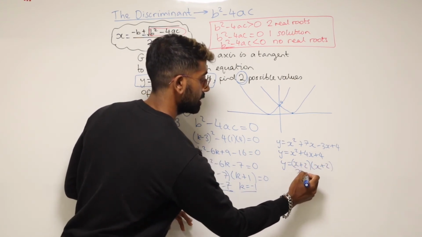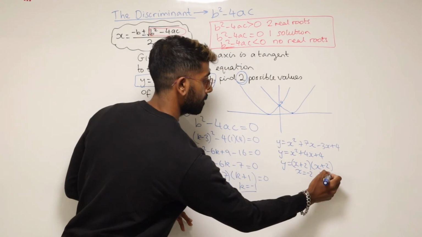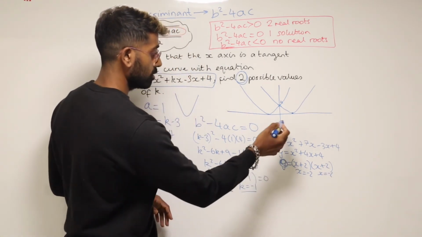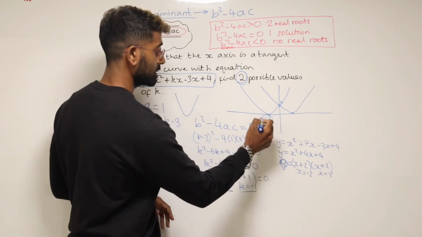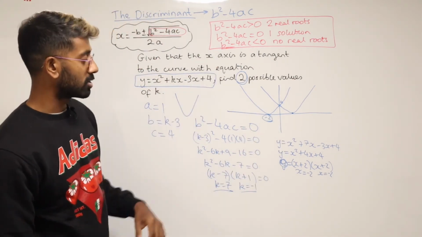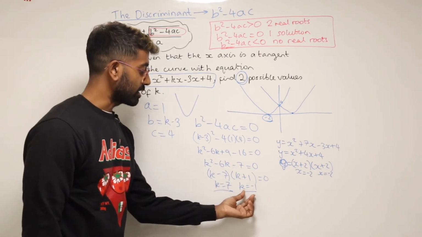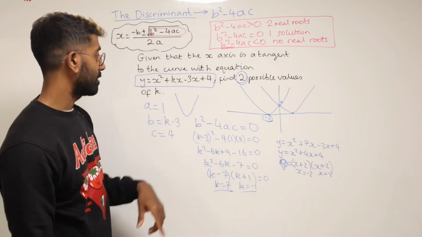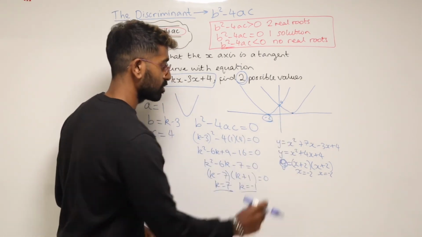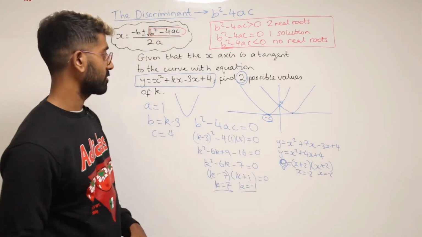So that means x equals minus 2, x equals minus 2 when we set that equal to 0. And so what we know then is that this here must be minus 2, and obviously you can see you've got one solution there. Do the same thing, try doing that with minus 1 in place of k, go and solve it just like I've done, and hopefully you'll just get one value and it should be positive.